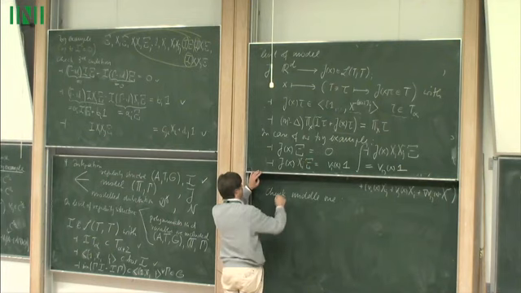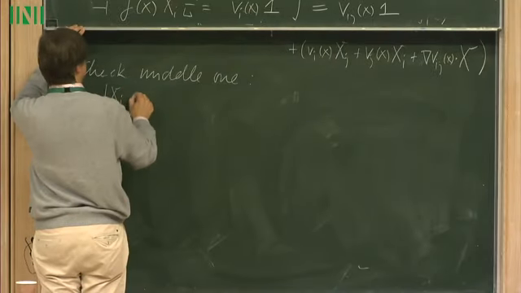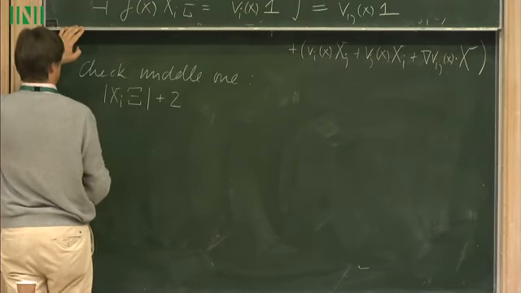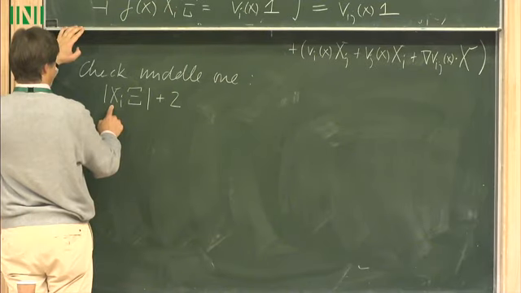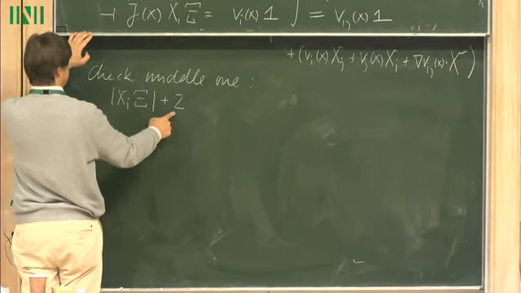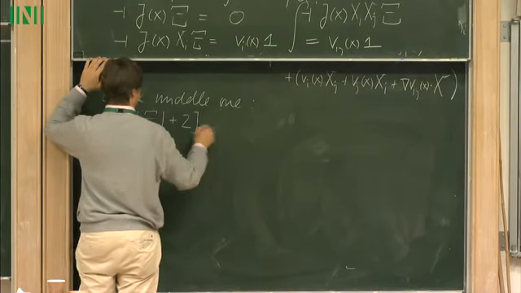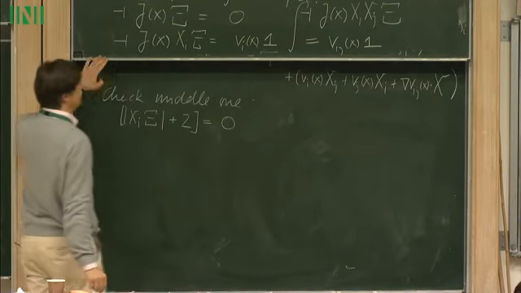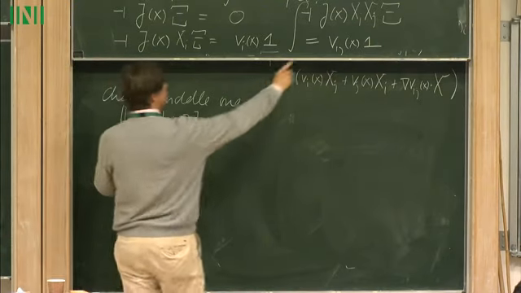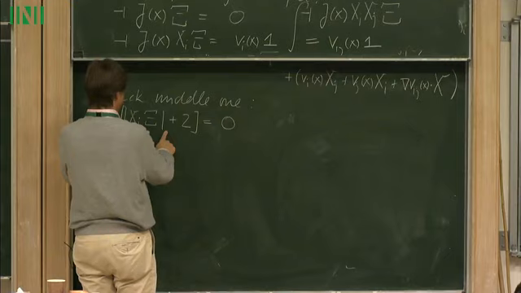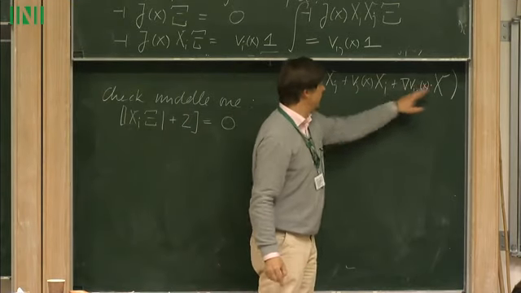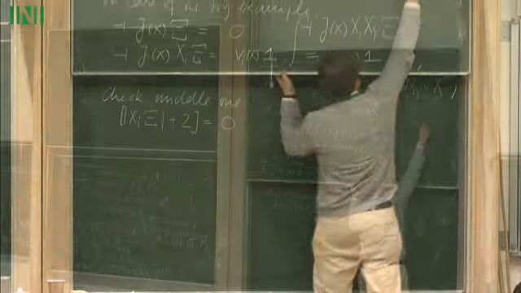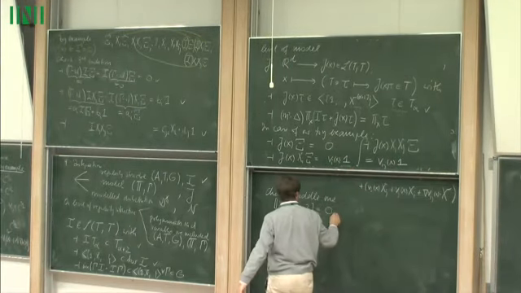This condition is satisfied because if I look at the homogeneity of this symbol and I add 2, this was minus 3/2 plus 2 is 1/2, and the largest integer below is 0, and therefore this just contains the 1. Whereas if I would do the same calculation on this level, I would gain 1 here, so this would be 1, so this means it's okay to add the linear term. So that condition is satisfied for the middle term.